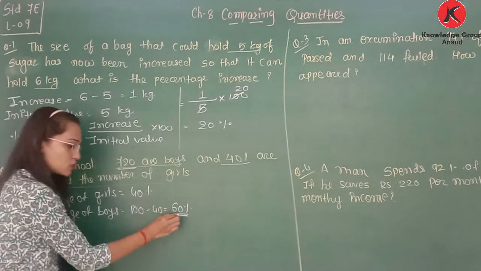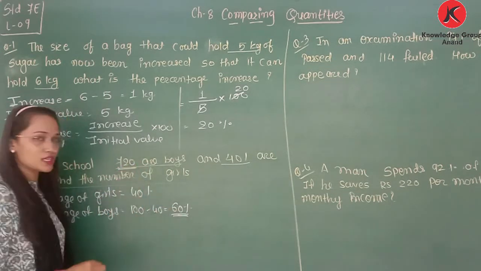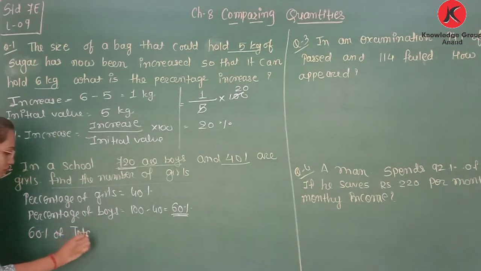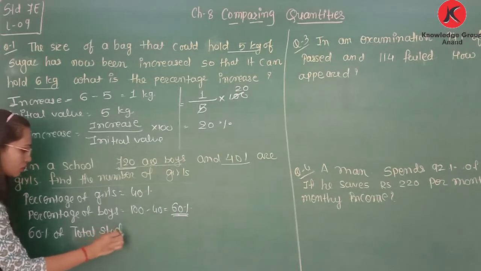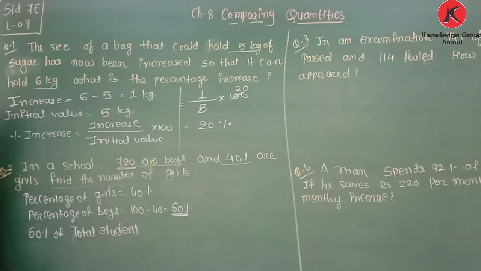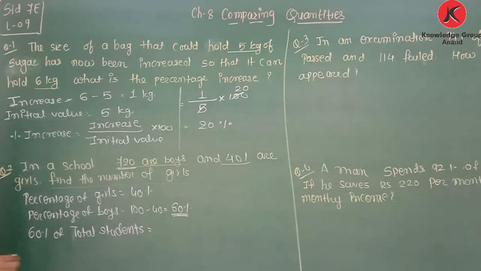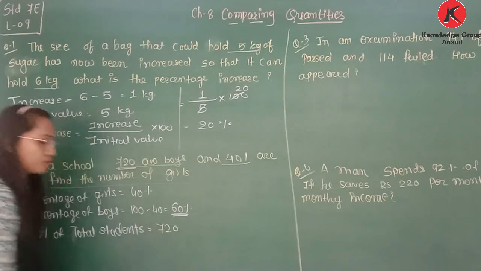We get percentage of boys 60 and number of boys 720. It means 60% of total students. If we take 60% of total students, that will give the number of boys, that is 720.